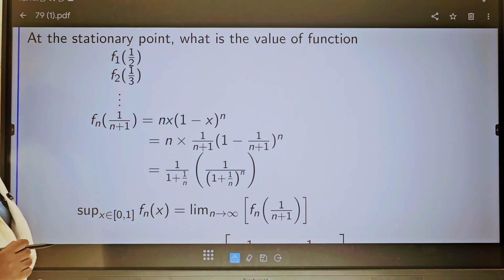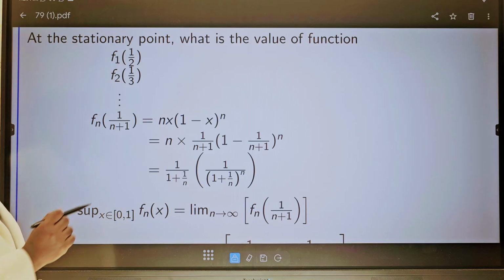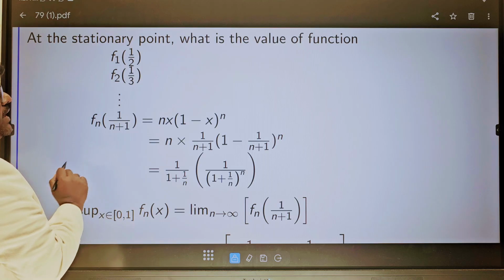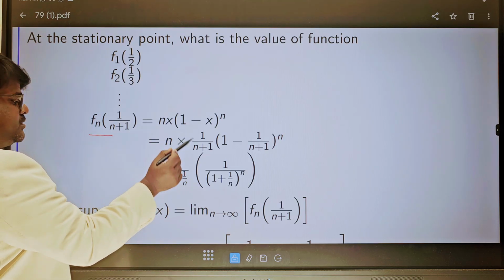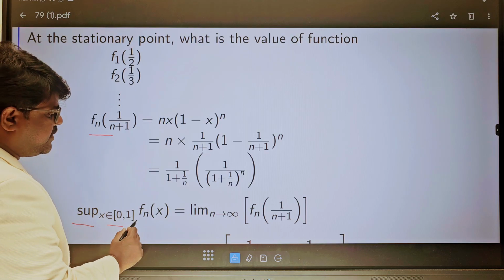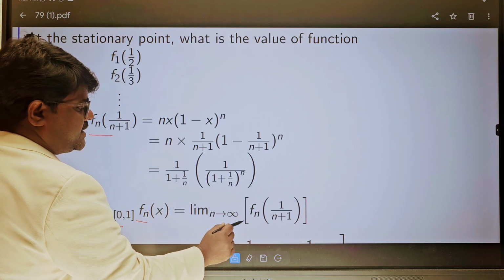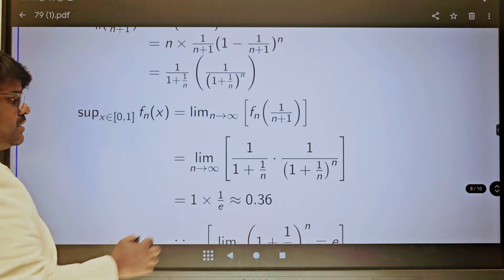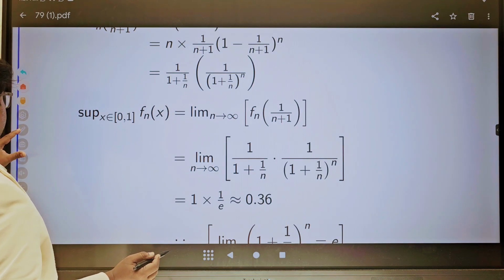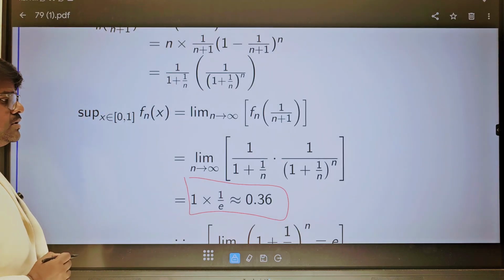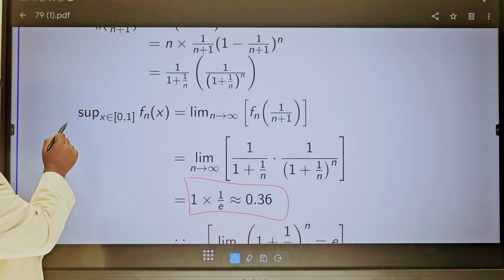At the stationary point, what is the value of the function? So at f1, f2 we can find it. See, what is the supremum? Supremum, x belongs to the closed interval 0, 1, of fn of x, as n tends to infinity, the answer will be nearly 0.36.